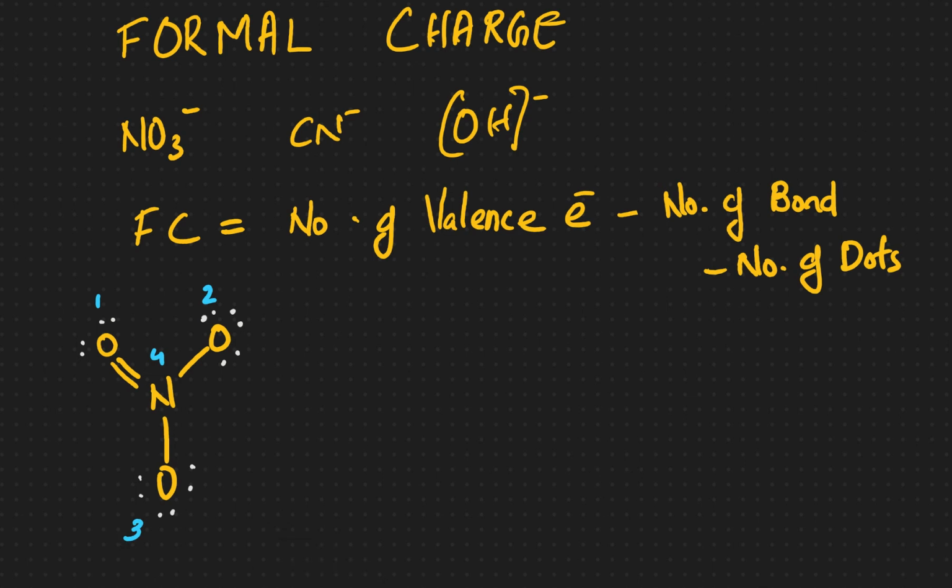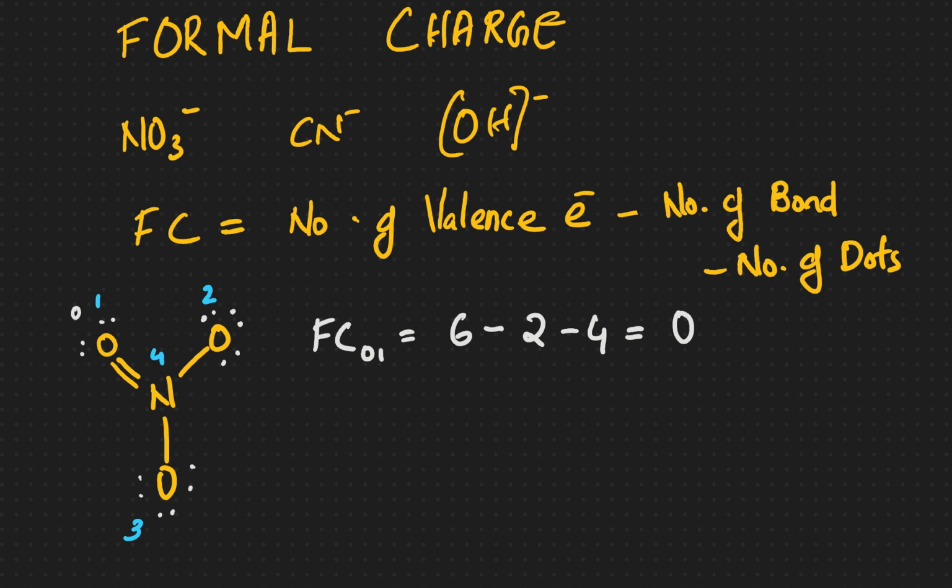If we calculate the formal charge of oxygen number 1, the number of valence electrons for oxygen is 6, the number of bonds is 2, and oxygen has 4 dots. So 6 minus 2 minus 4, that is 6 minus 6, so it is 0. So this has 0 charge.